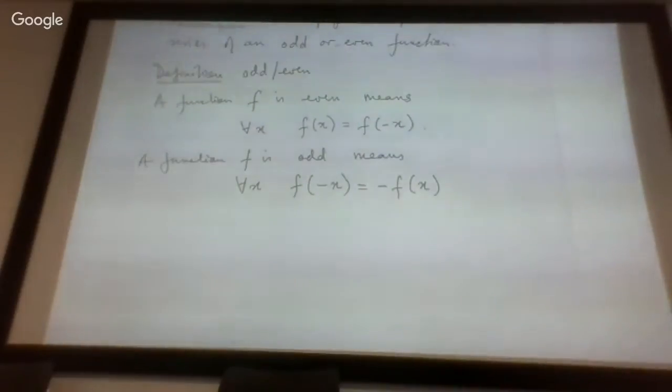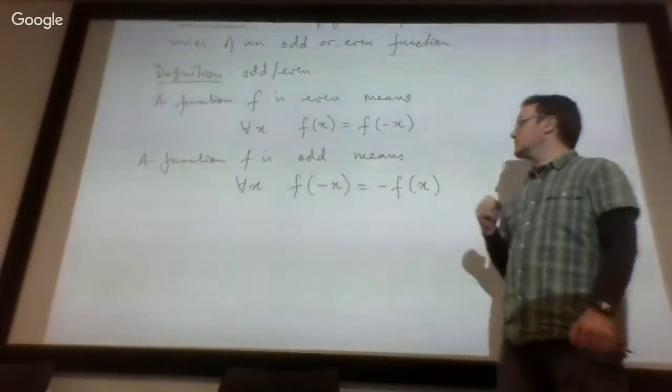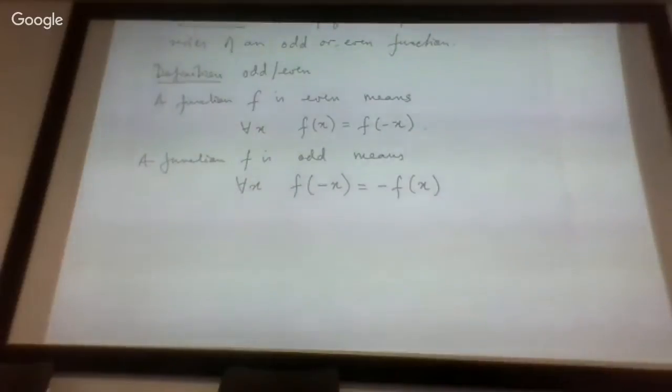Okay? And the function works so that it supplies values of opposite sign on the arguments x and minus x. So if you throw it 5 and minus 5, the function gives you back different values on 5 and minus 5, and each value is the negative of the other one.